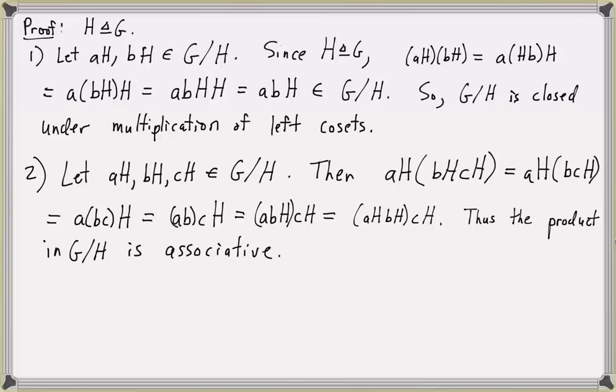So left cosets are closed under multiplication, and the operation is associative. Thirdly, we'll show that 1H is the identity in this set of left cosets.